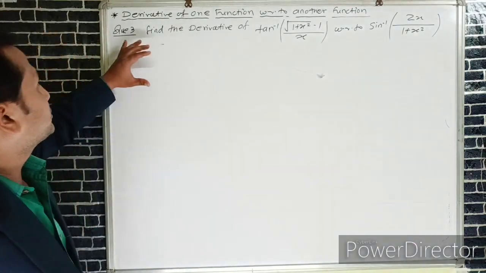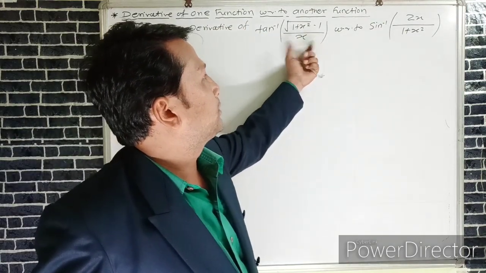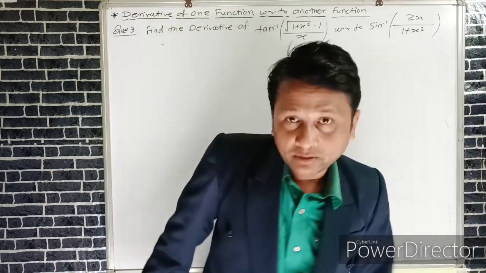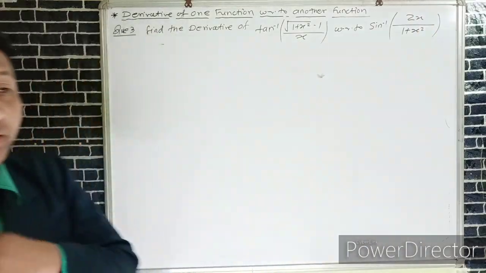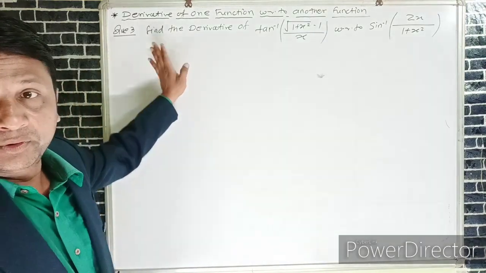Same condition here. Question number 3 is: find the derivative of one function, which is tan inverse of under root of 1 plus x square minus 1 upon x, with respect to another function sin inverse of 2x upon 1 plus x square. If we consider the first function as u and the second function as v, then it is clear that we need the derivative of u with respect to v.